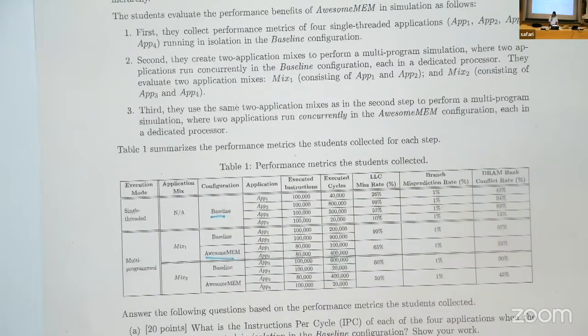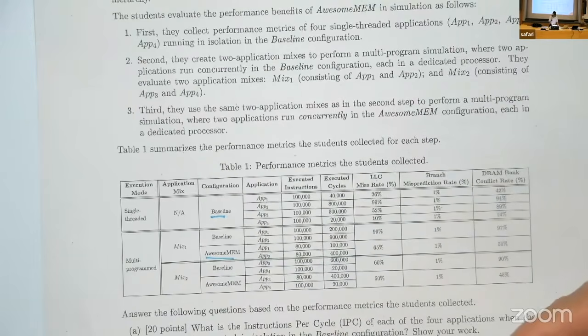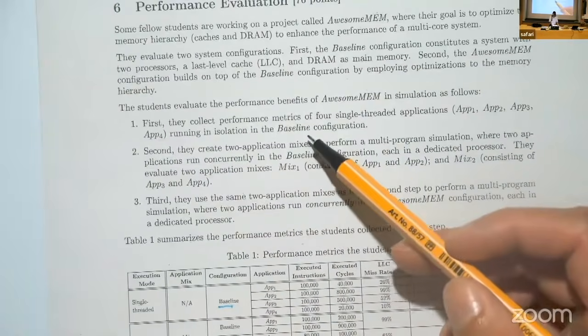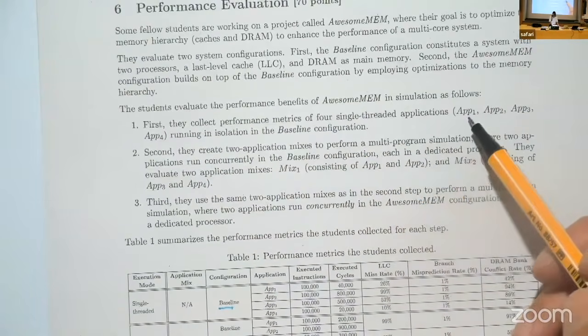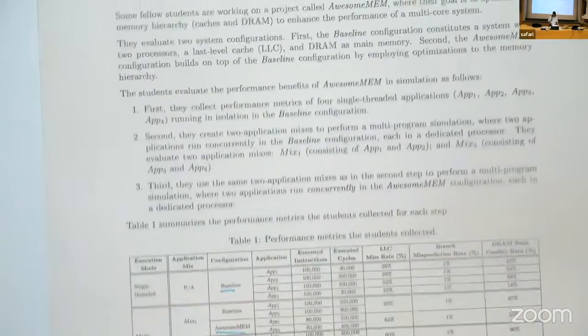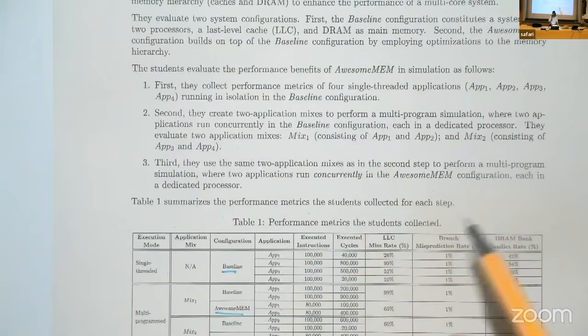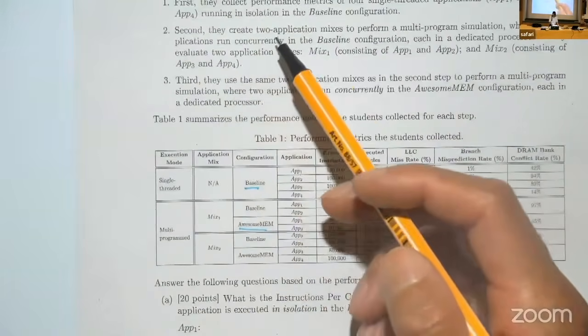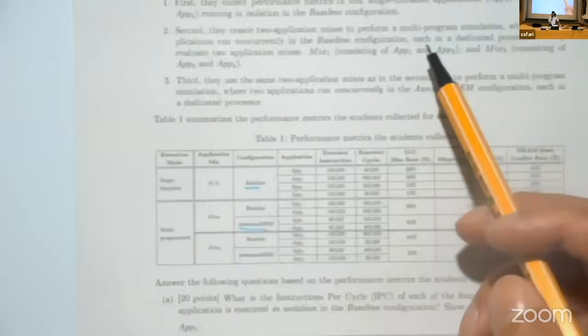To evaluate these two architectures, you run some tests, described here in 1, 2, 3. First you collect some performance metrics for single thread applications 1 to 4. They run in isolation in the baseline, so they run by themselves, each one in a core. Then you create two application mixes to perform a multi-program simulation.